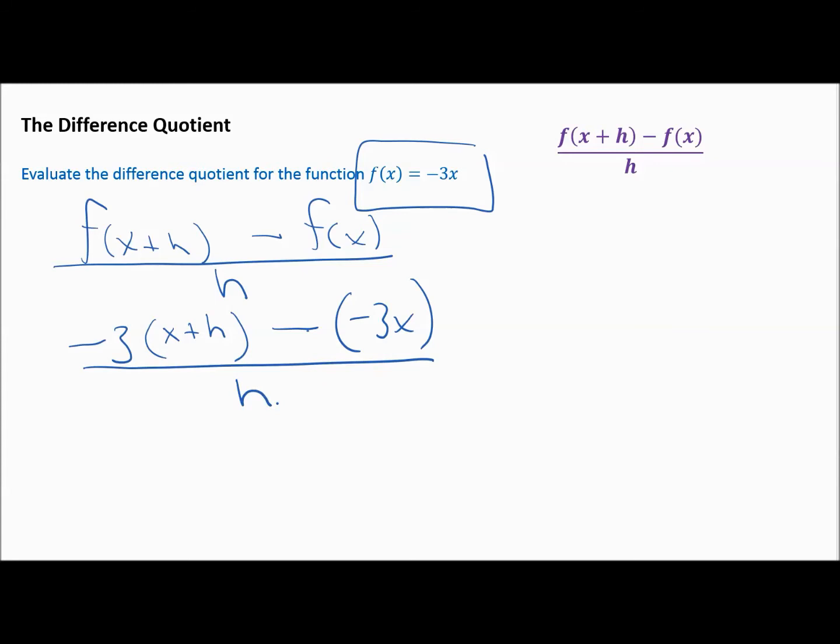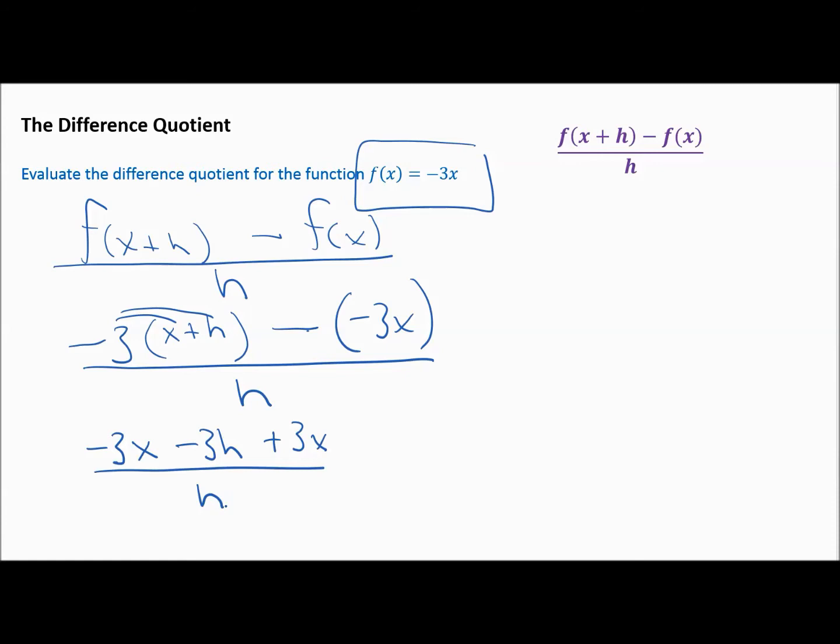Now once you have this fraction, you simplify as much as you possibly can. So what I'm going to do is distribute this negative 3 inside the parentheses. So it's going to give me negative 3x minus 3h, and then the two negatives here is plus 3x divided by h. Continue to simplify.